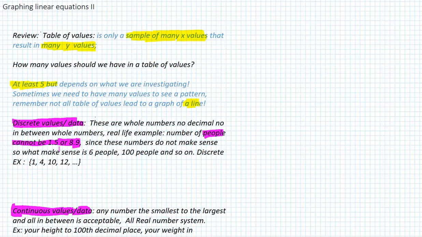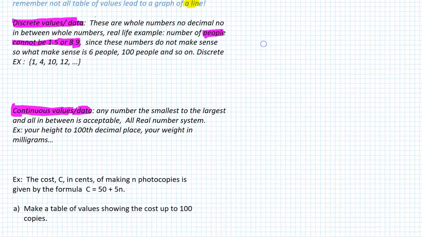Then the other part is continuous values or data. In this case, you can have any type of data set, any numbers that are small, large, in between, decimals, fractions, it doesn't really matter. A perfect example is my height, in centimeters or in feet, which can be in decimals. I could be 1.3456 meters, or I could be 5.625 feet in terms of height.